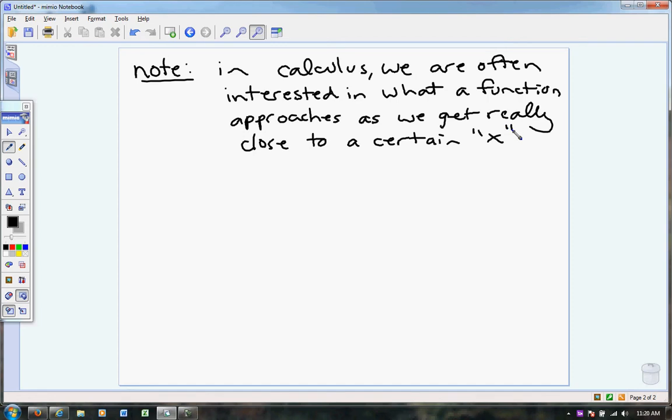Okay? And I could have added up there in what value. Let's add that in. In what value a function approaches as we get really close to a certain x.